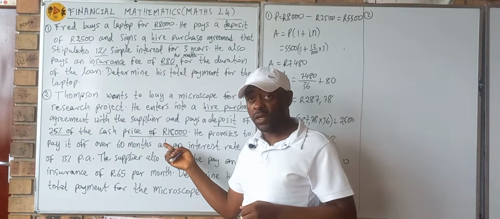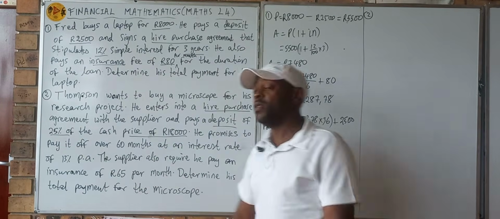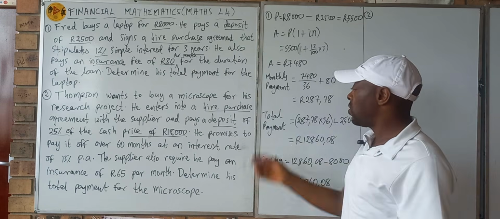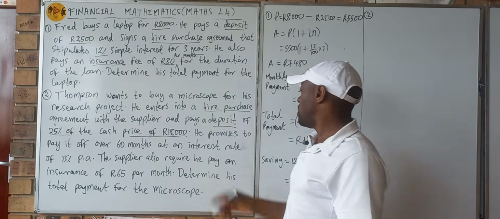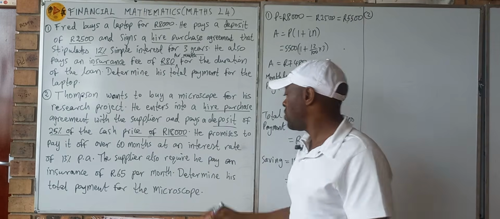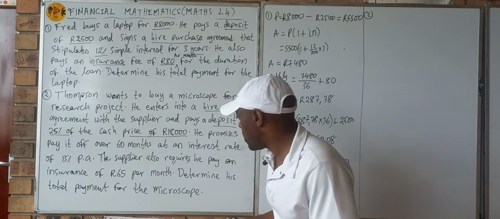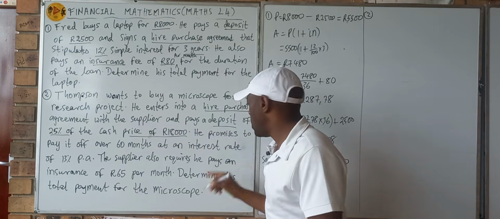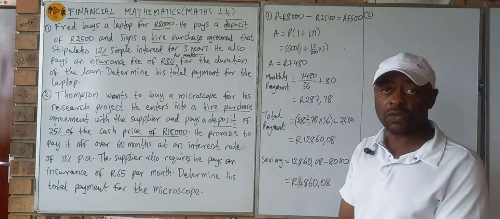Thompson doesn't have 18,000, but he can afford 25% of that cash price. So he promises to pay it off over 60 months at an interest rate of 13% per annum. Then the supplier also requires he pays an insurance fee of 65 pounds per month. So we need to get the total payment.